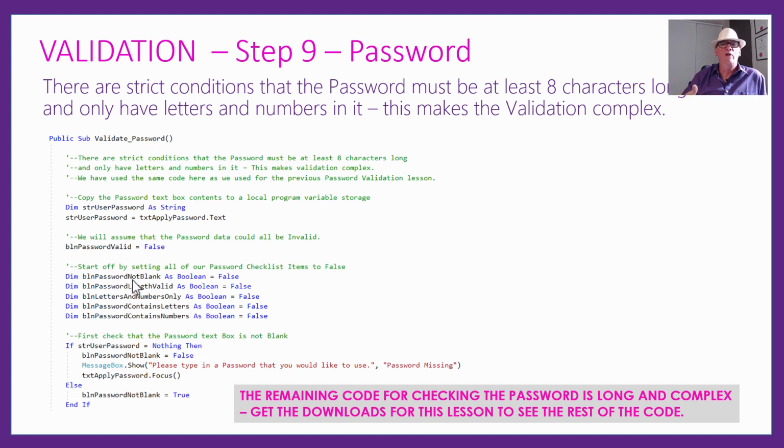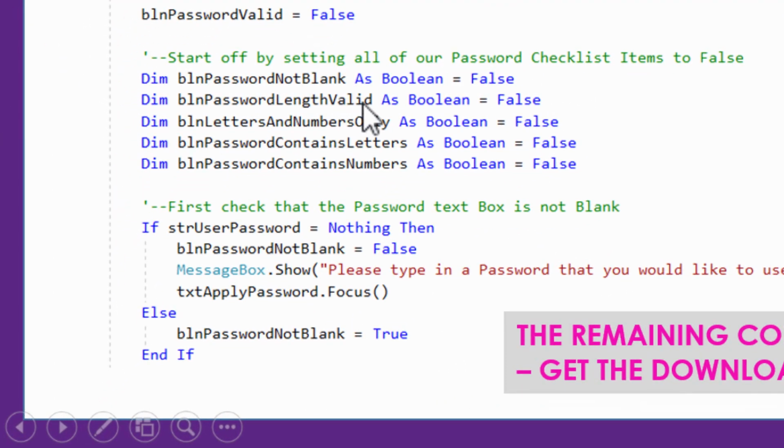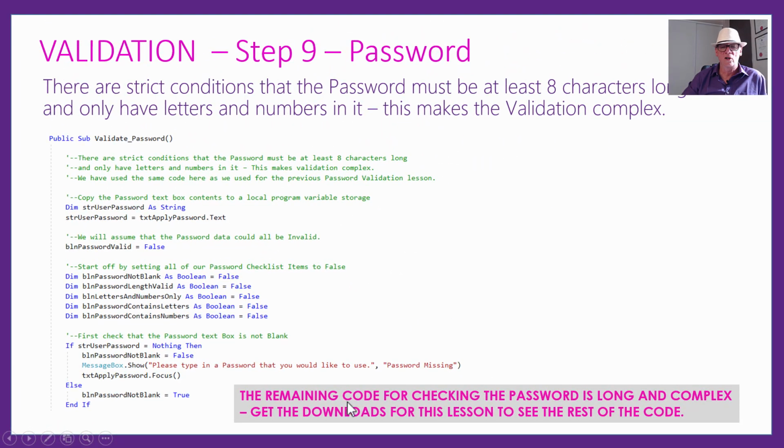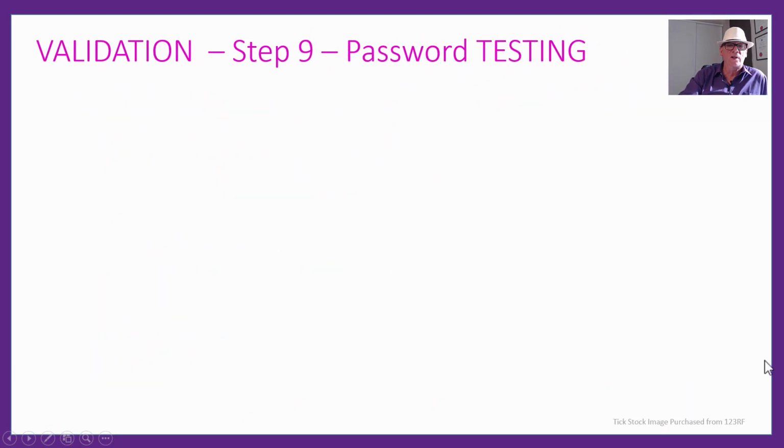Then you can see all the code and revise it and remember we have to do all these string searches and count numbers and count letters, because we need to check that it's not blank, that the length's 8 characters or bigger, that it's only got letters and numbers in it, and make sure that it contains at least 1 letter and at least 1 number. So there's a lot of different subroutines and checking to do. You'll have to get the downloads to look at that.